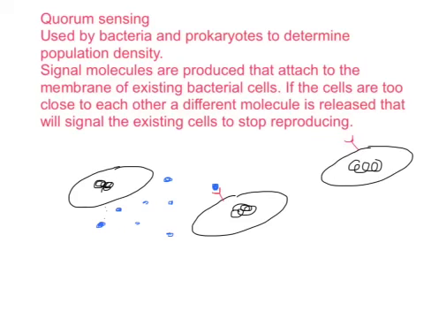Quorum sensing especially is related to food sources. So if the population is too big, then the food source is going to be quickly utilized and the population will eventually die or will be damaged as a result. So density numbers are going to be dependent on how available food and other resources are.